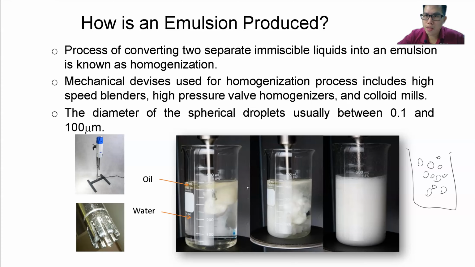So what happens is that when the light goes through, it bounces off the oil droplets. Because of this bouncing off, we get what we call light scattering.